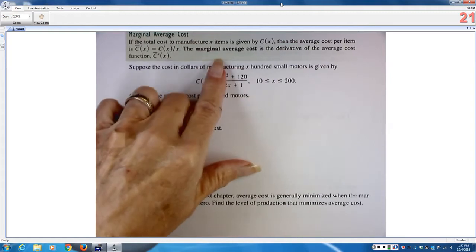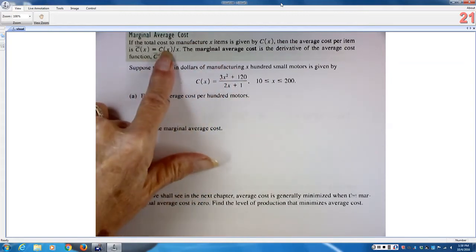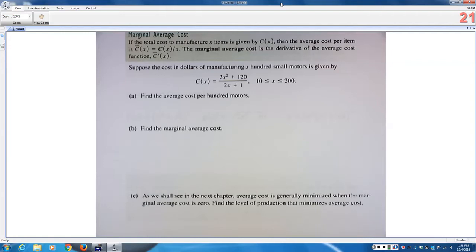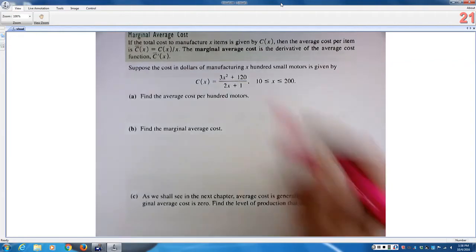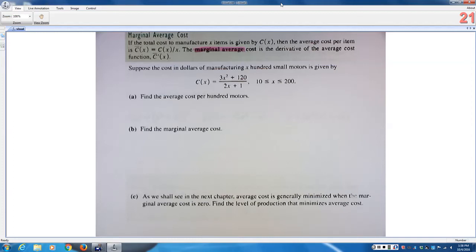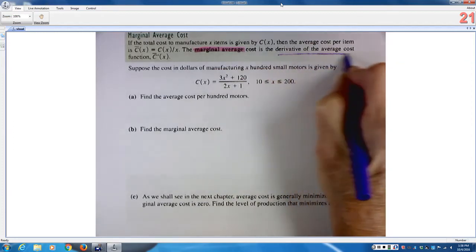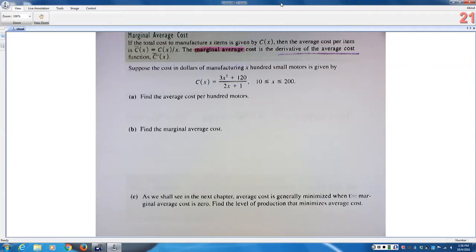Your marginal average cost function is the derivative of your average cost function, not the cost function. Because we're talking about marginal average cost, not marginal cost, okay?